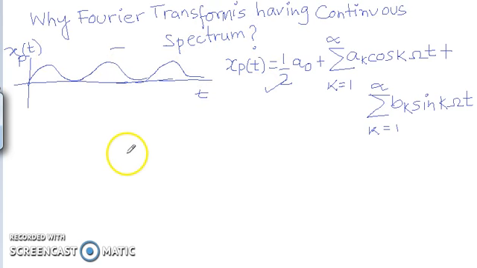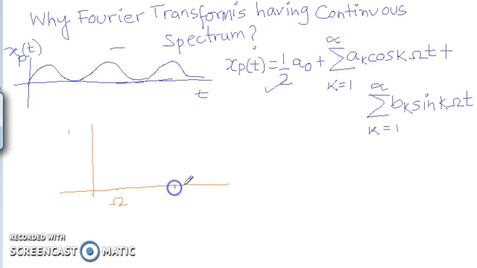Now, if we want to draw the frequency spectra of a continuous waveform, we can draw like this. Suppose this is the 0 DC component, 0 frequency. After that, we can get the first frequency component, which is known as the fundamental frequency component. That means it will be k omega, that means 1 omega.